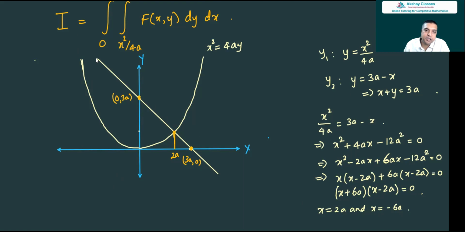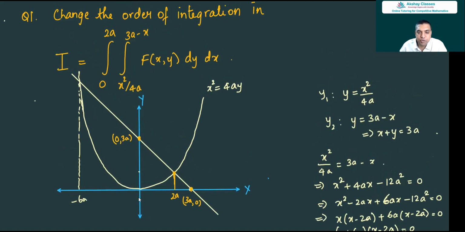If we extend this line here, and we extend this parabola here, then this point of intersection is minus 6a, which is not required for us because x is varying from 0 to 2a. In this region, we want from this parabola to this line. So this is the region of integration.